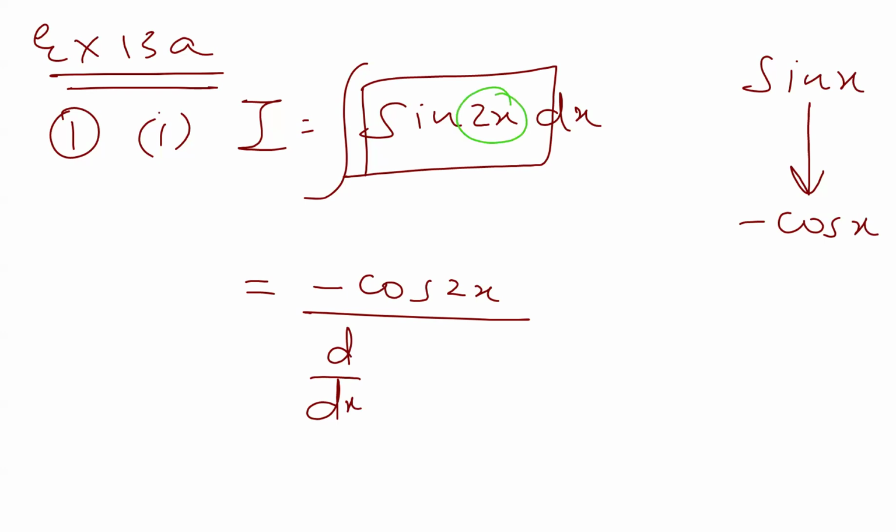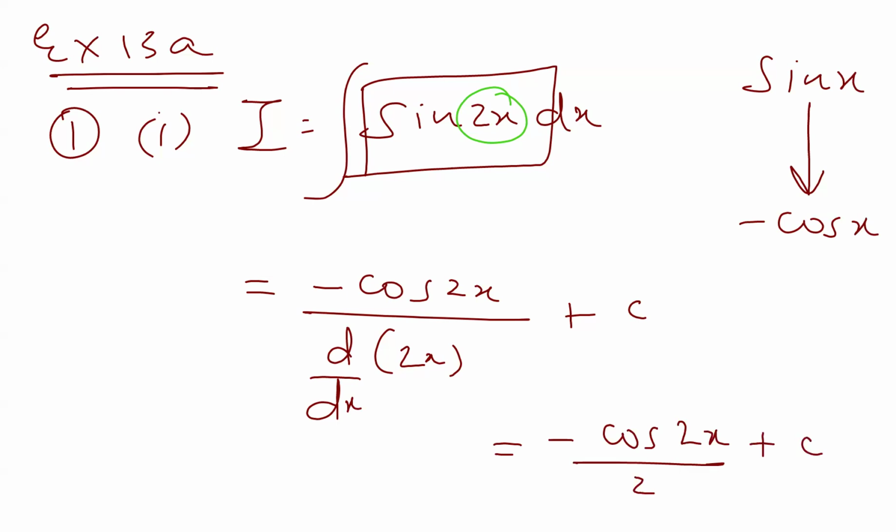So the chain rule part comes down in the denominator in integration. The same part is in the numerator in derivatives. Both of you understood this?